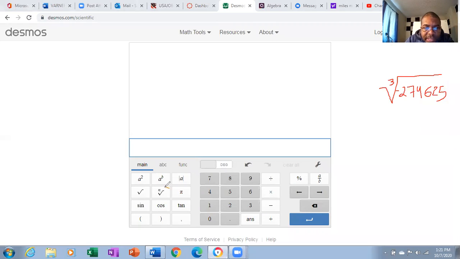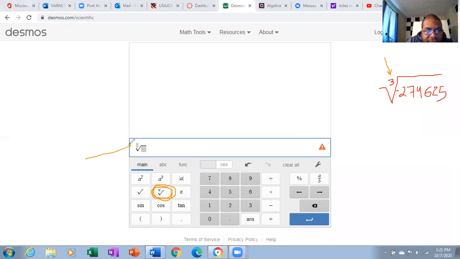All right, so this is what I want you to see now. This button here allows you to do the cube root. You see, that's a cube root. So what we're going to do is click this button. And now we're going to put in the index.